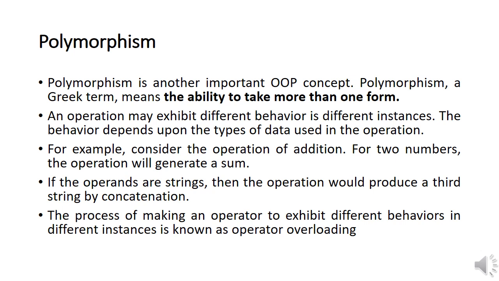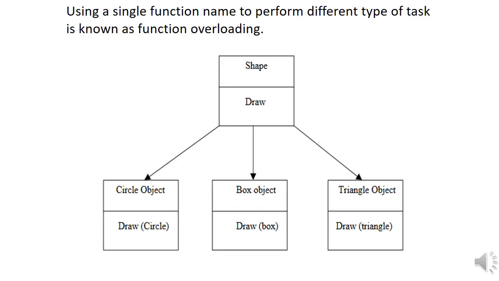Similarly, we discussed function overloading earlier. Another example of polymorphism is function overloading that we have already discussed under the function overloading section. Here we will see one more example for function overloading. Here we have a function draw that will draw a circle, box or rectangle based on the object you use for calling that function.